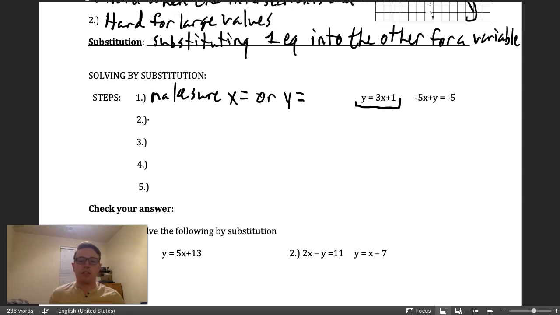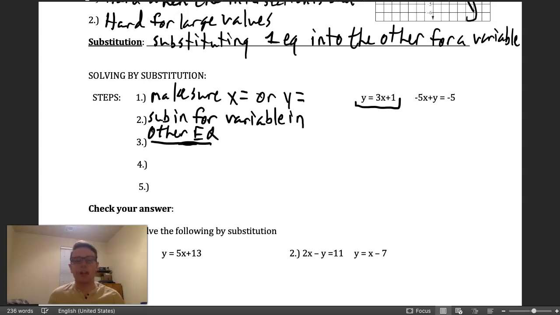Our next step is going to be substitute that in for y in the other equation. It's very important that we substitute this in for the other equation.